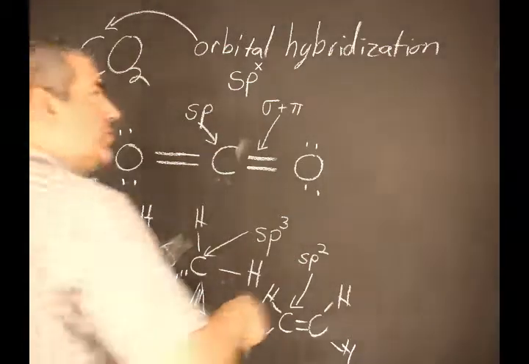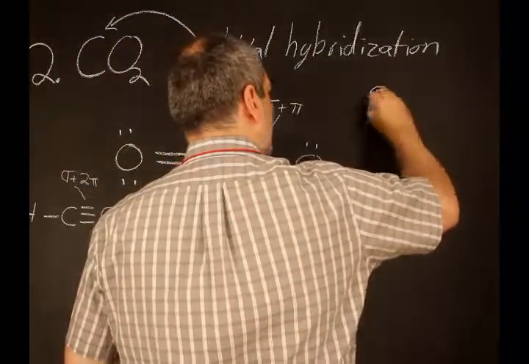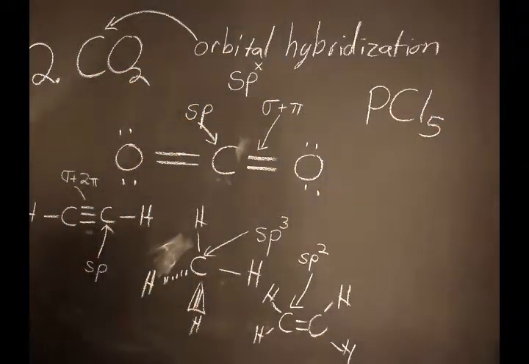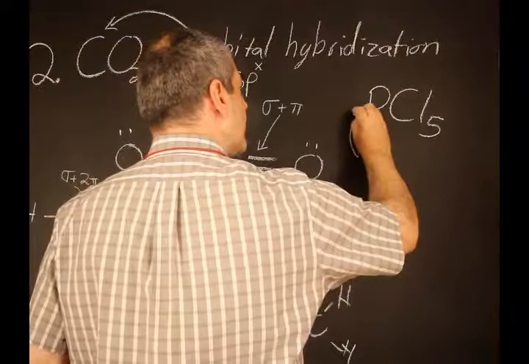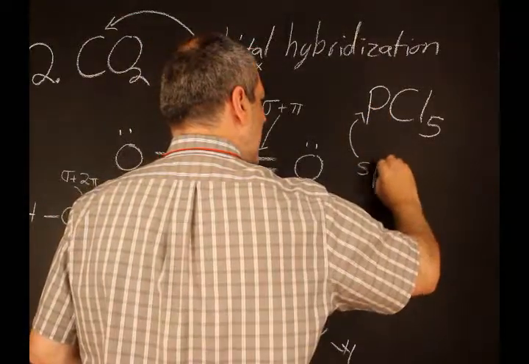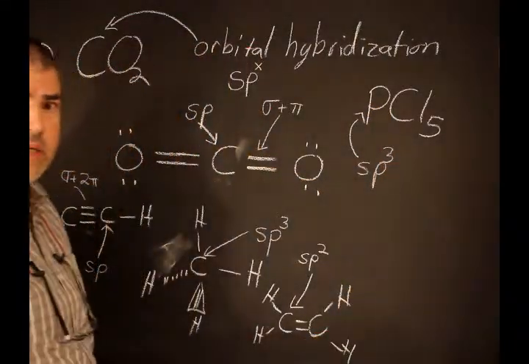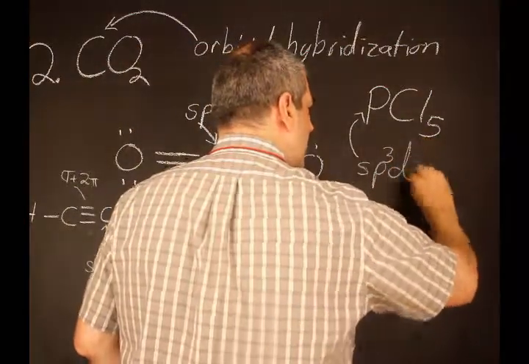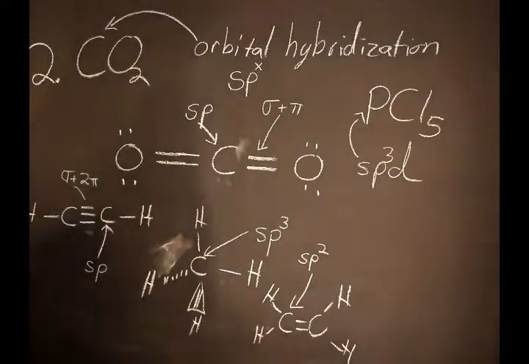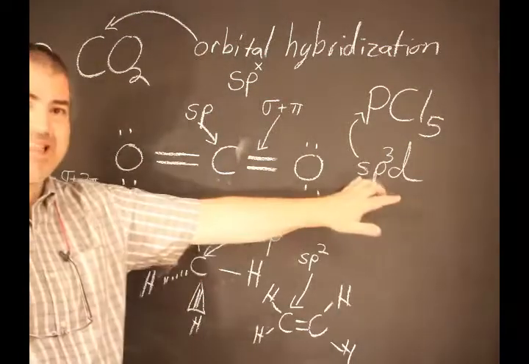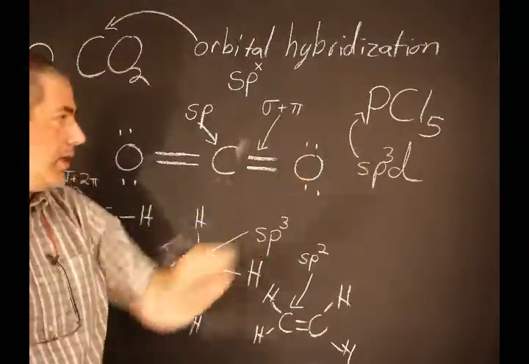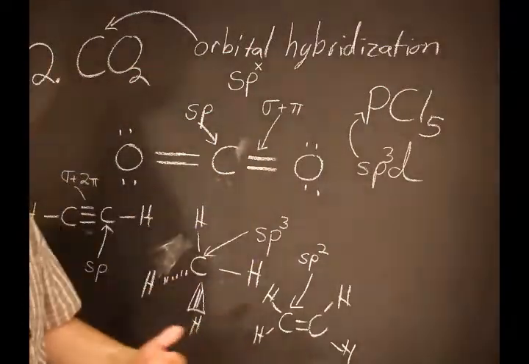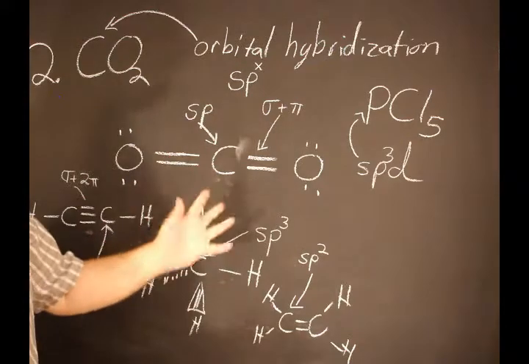As we move into fun stuff, where we start looking at violations of the octet rule, well, if I have 5 chemical bonds, sp3 is 4 chemical bonds. So we have to have an orbital hybridization of sp3d. Right? In most cases, when you're talking about Lewis structures and so forth, you don't violate the octet rule.